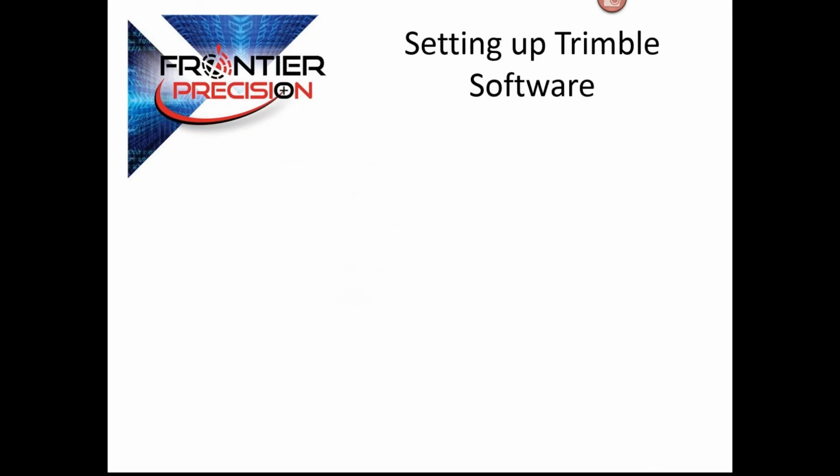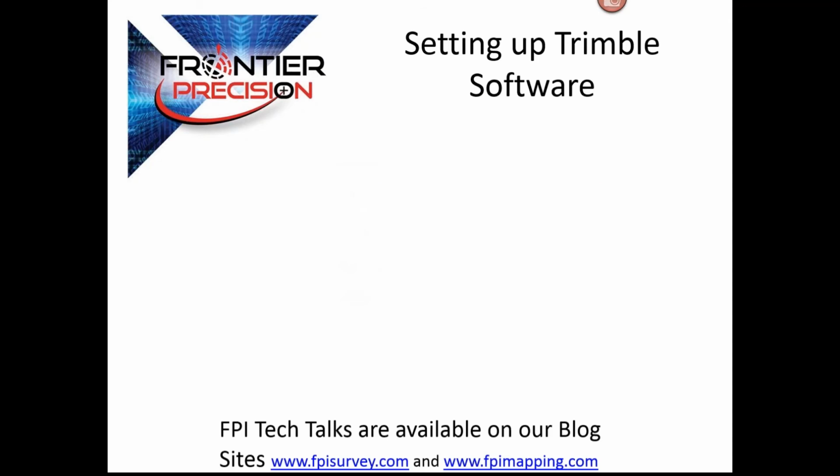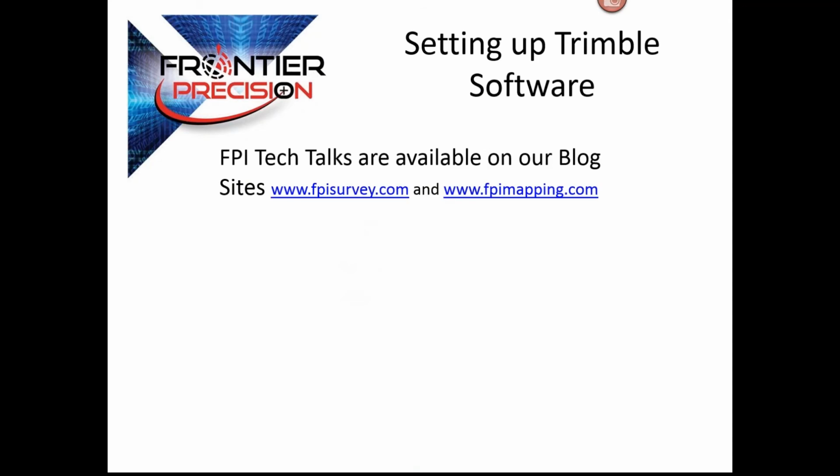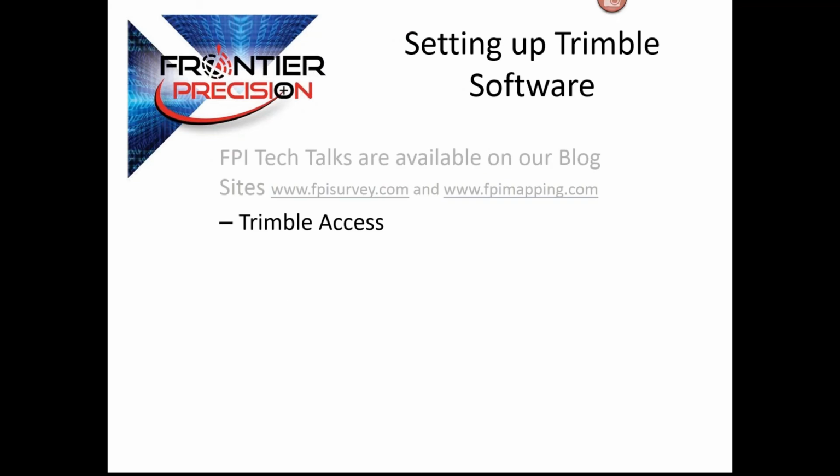So setting up all these Trimble softwares, due to time, we wanted to make sure that everybody attending this, we're good at keeping our promises, but to keep it respectful to your time, we have two blog sites, fpisurvey.com and fpimapping.com, and these sites will have a post of today's webinar, all the material that you saw today, and all the how to set things up.